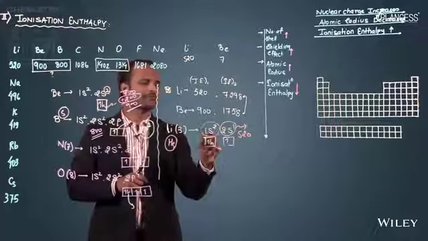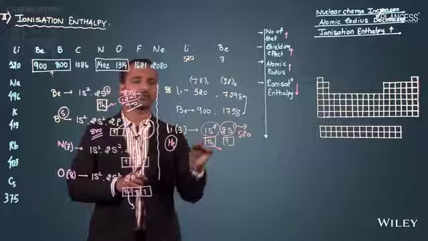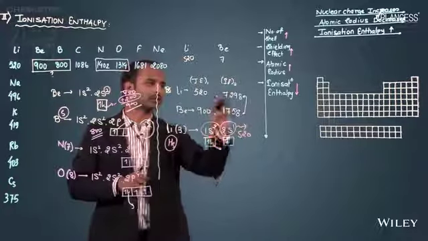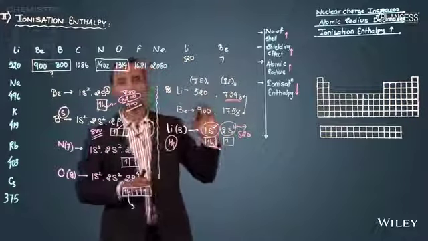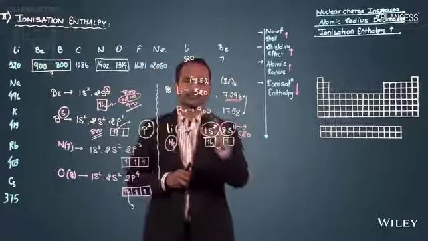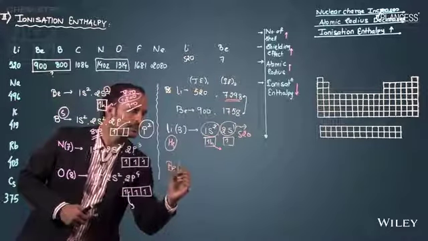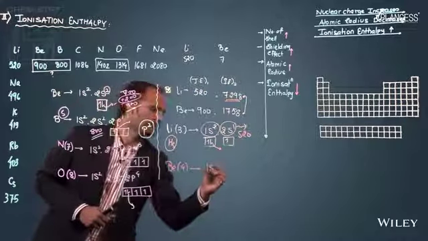So very high energy is required to break its stability and then remove the electron. That's why the energy required is exceptionally high, that is 7298.